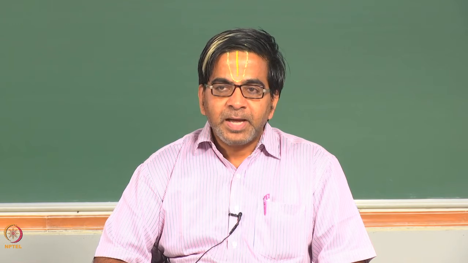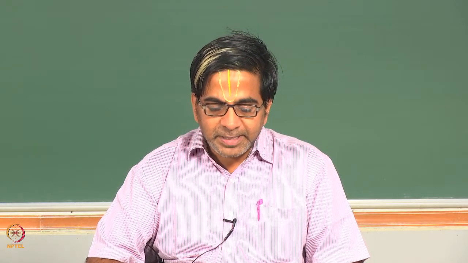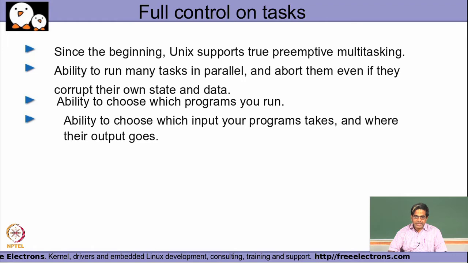So, the system is going to preempt the currently running task and give the processor to another task that is waiting to run, and thereby Unix is treated as a true preemptive multitasking system. It is a mechanism by which I can run multiple tasks in parallel at the same time, and also abort them if they try to corrupt any other portion of memory for which they do not have any rights.